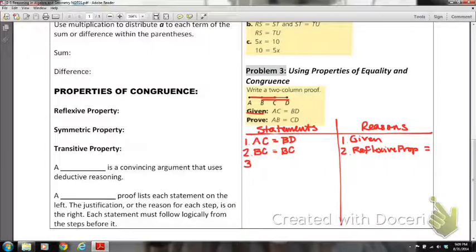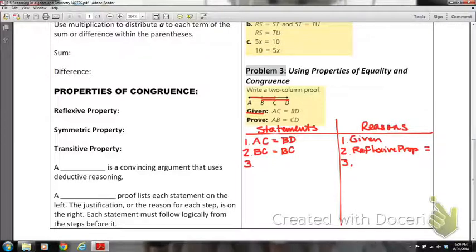Third statement that we can make. Since we're talking about segments, we need to apply one of the postulates that we learned about segments out of Unit 1, which was the segment addition postulate.